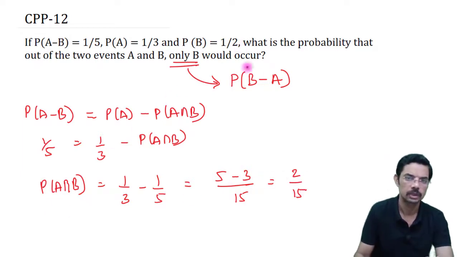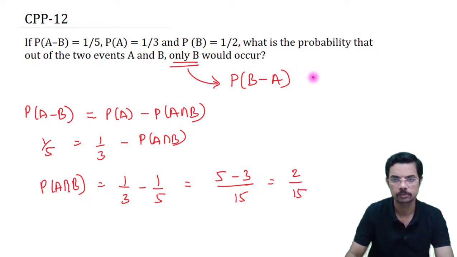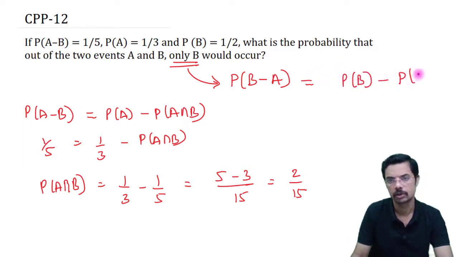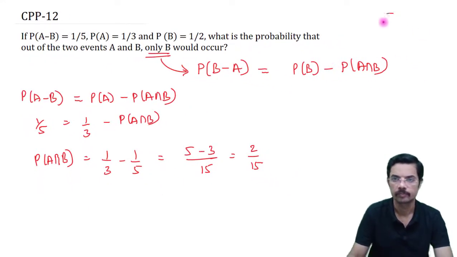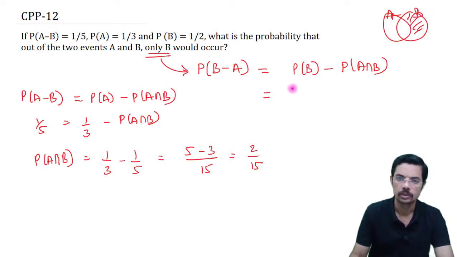Okay. Now we shall use that for P of B minus A. What is P of B minus A? P of B minus A will be equal to P of B minus probability of A intersection B. Okay, only B. Okay, this is A, this is B. Only B means this part. It is B minus A intersection B. Okay, so that will be equal to, what is probability of B?